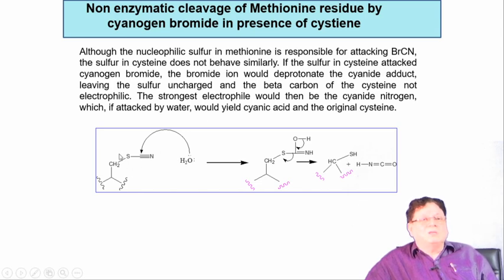The problem is that now the sulfur does not have any positive charge. In methionine it is Me, but in your cysteine, it is SH, so the hydrogen is lost here. So, sulfur does not have any positive charge, it is not a good leaving group, and the ultimate result is that the cyanide gets hydrolyzed.